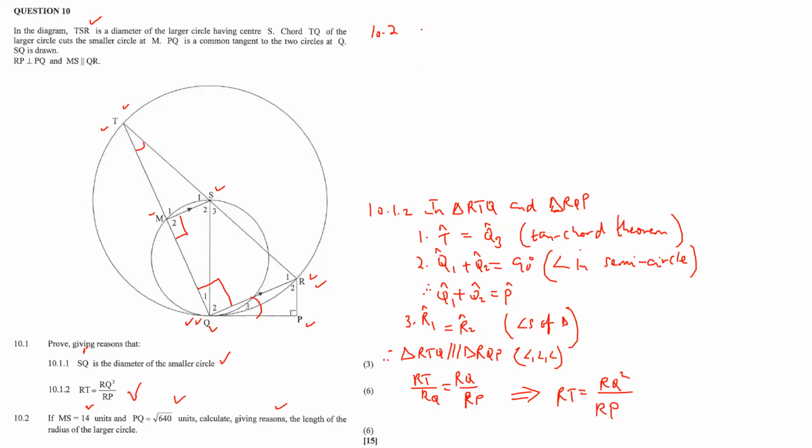We make the first observation that QR is equal to 28 units. QR is 28 units. Why? Because of the midpoint theorem. You have RP.